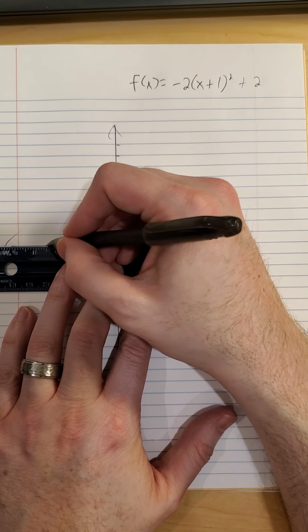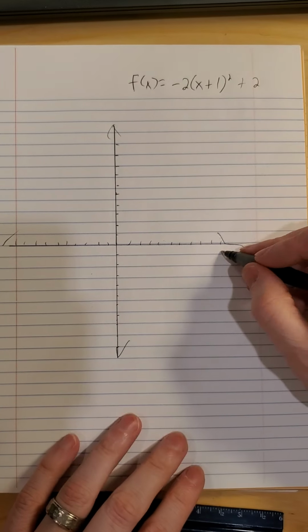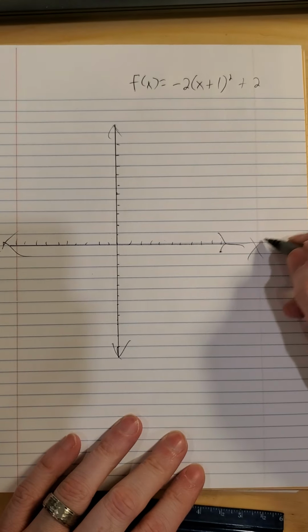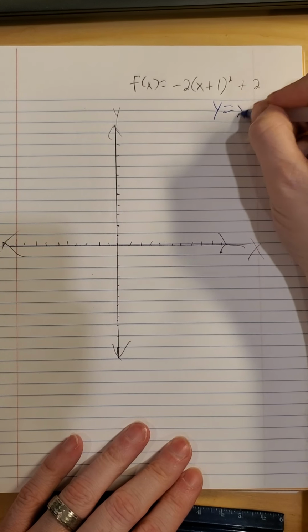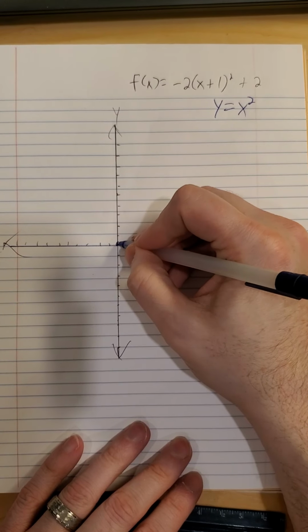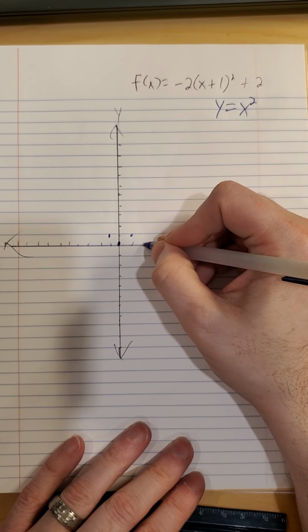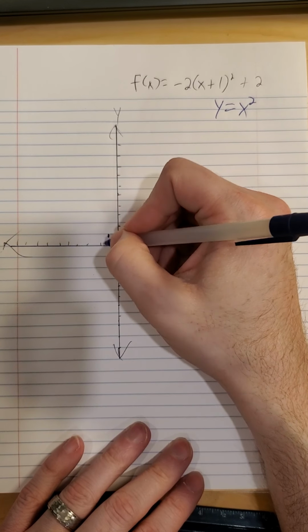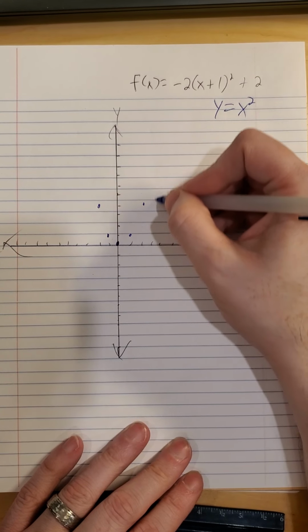Here's our x, here's our y, and we're starting as always with y is x squared. So 0 squared is 0, 1 squared is 1, 2 squared is 4, and 3 squared is 9.